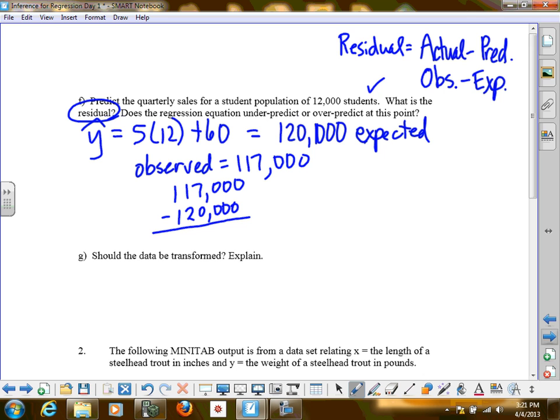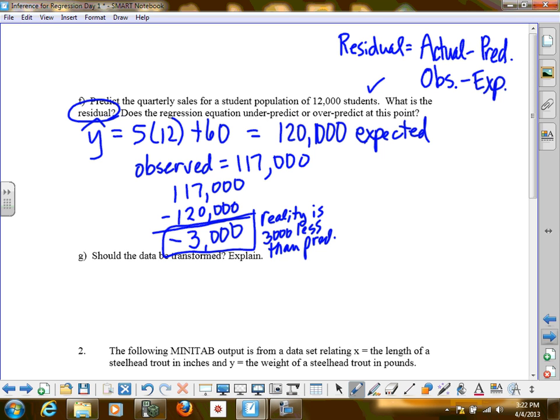That gives me a negative 3,000. Tell me in words what that means. Good. The reality that happened was 3,000 less than what was predicted. That's what this means. The reality is 3,000 less than predicted.